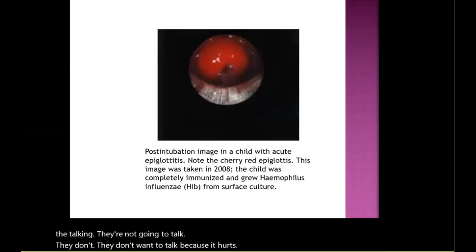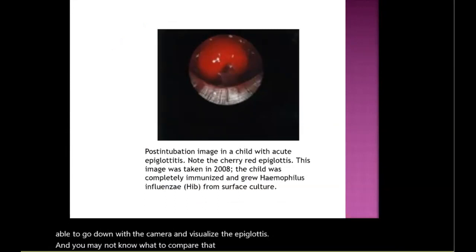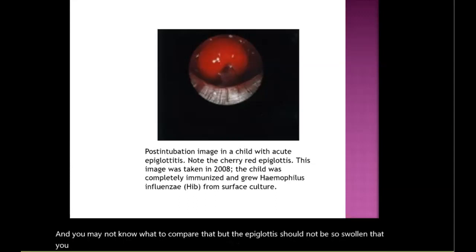So look at this picture here. We have a patient that needed to be intubated, and the doctor was able to go down with a camera and visualize the epiglottis. And you may not know what to compare that to, but the epiglottis should not be so swollen that it's in the way, period.